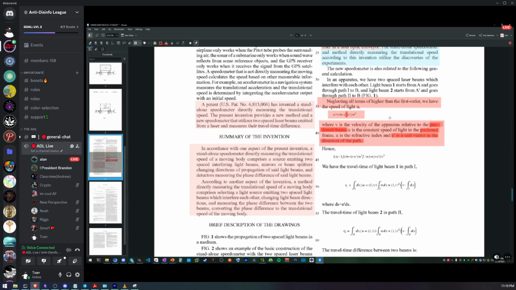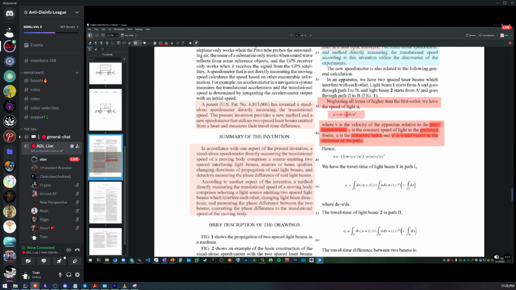So there are three important factors to determine the speed of light in this frame. The first is the refractive index, which is obviously going to affect the propagation.